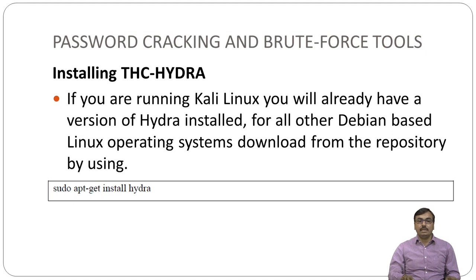Basically, Kali Linux has Hydra already installed. For other Linux operating systems, you may download it from the repository by using the sudo command: sudo apt-get install hydra. Through that you are able to install the Hydra tool.